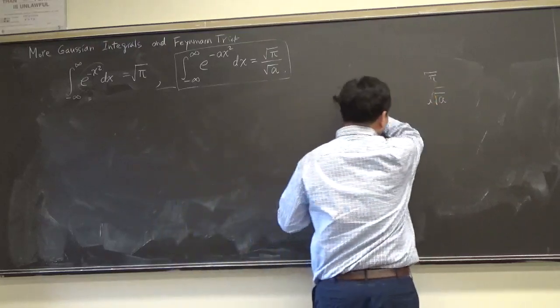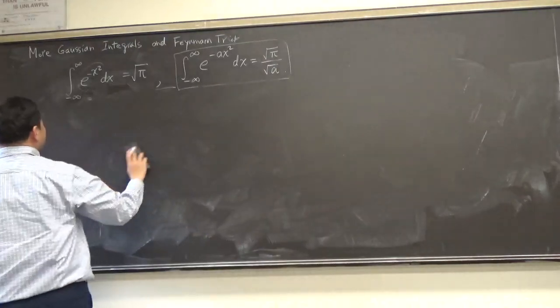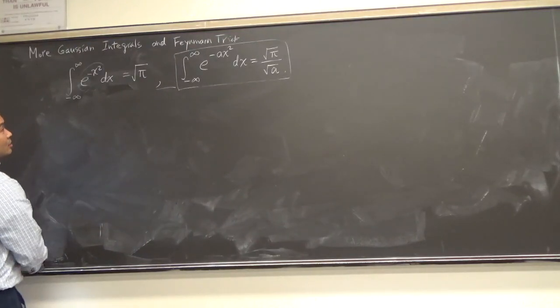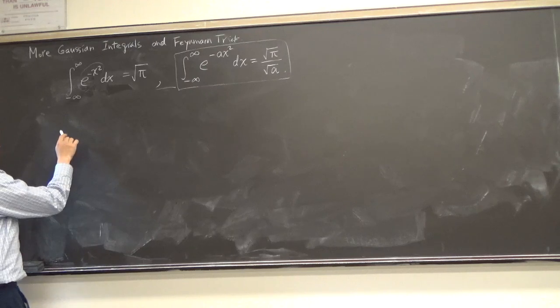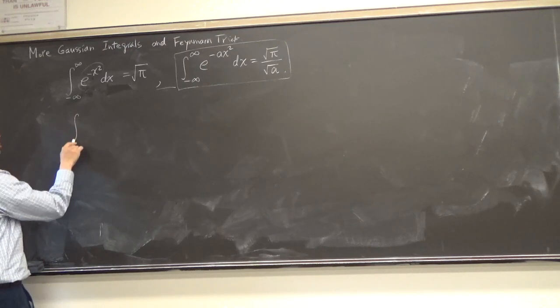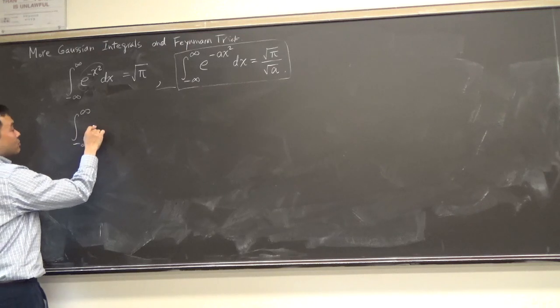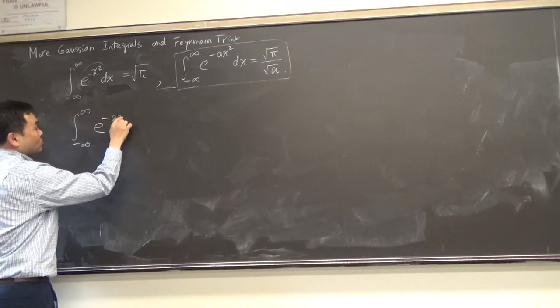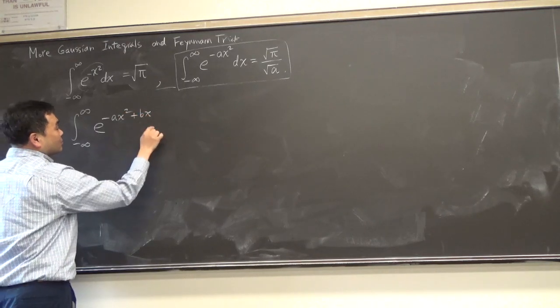Yeah, so I'm going to show you another nice Feynman trick integration because we need it later. But then let me just conclude this section with another important one, which is the integral from negative infinity to infinity of e to the negative ax squared plus bx dx.